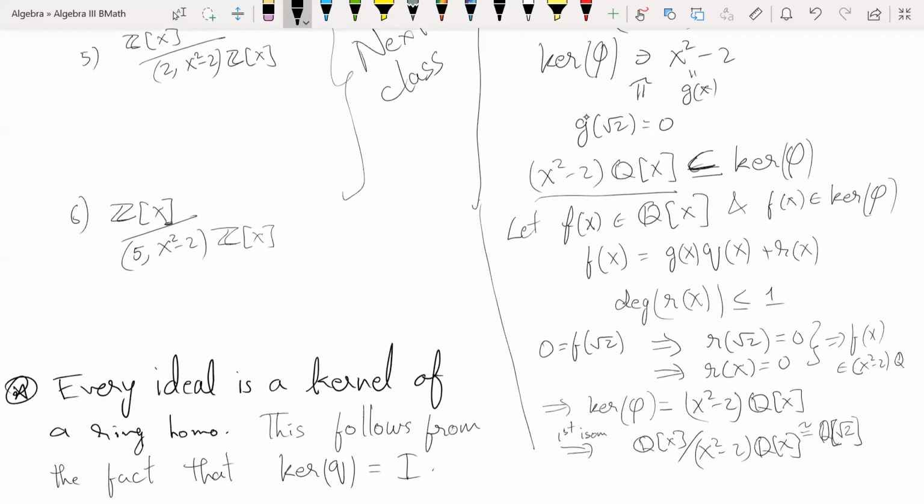Is that what you are trying to say? Otherwise, you can't state that f of root 2 equals 0. Exactly. I said it in words but didn't write it. So if f(x) belongs to the kernel of phi, then f of square root 2 is 0, and then this happens.